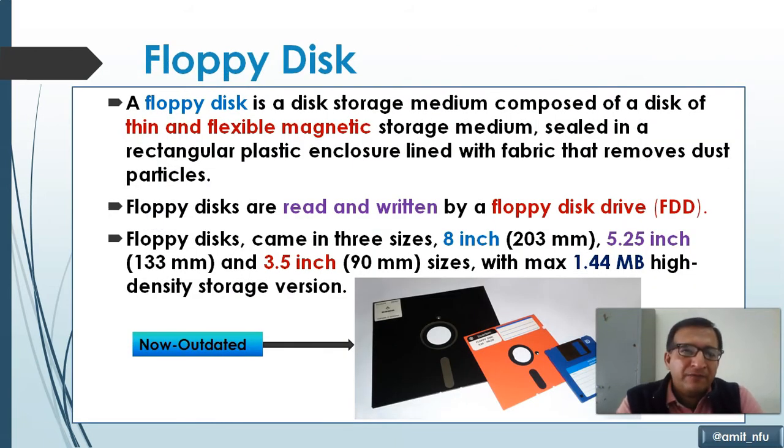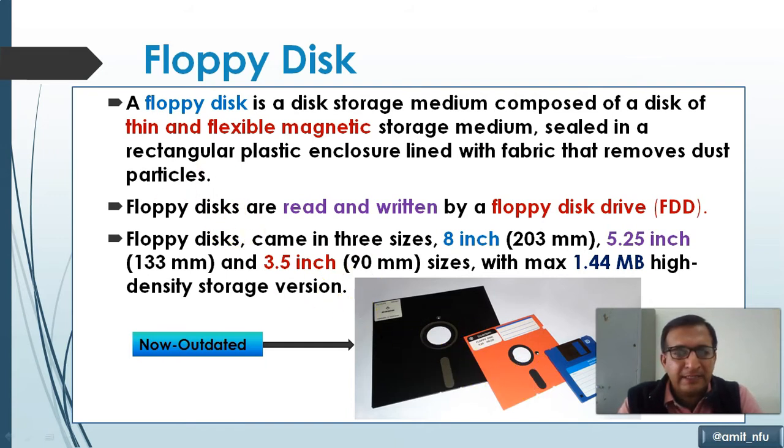Now first of all, among the magnetic media is the floppy disk. A floppy disk is basically a thin and flexible magnetic storage medium. It was a plastic sheet coated with a magnetic material, enclosed in a square jacket, and the sizes of those squares were 8-inch, then 5.25 inch, then 3.5 inch.